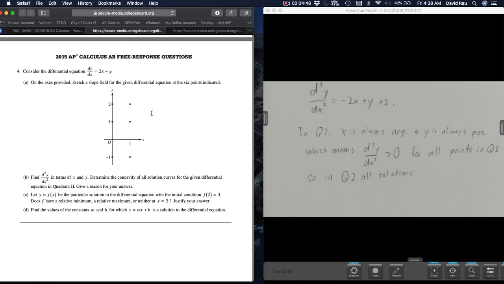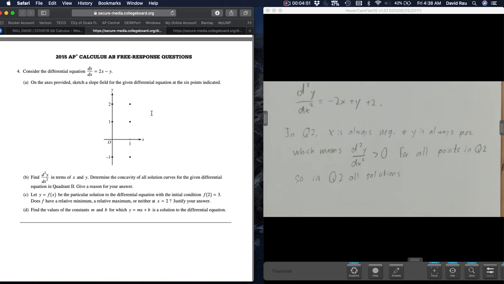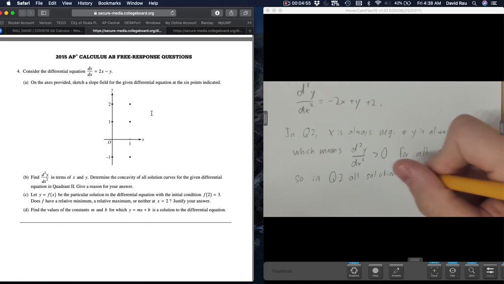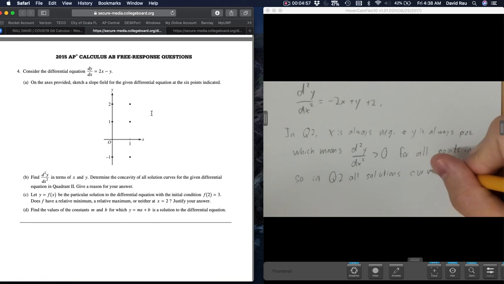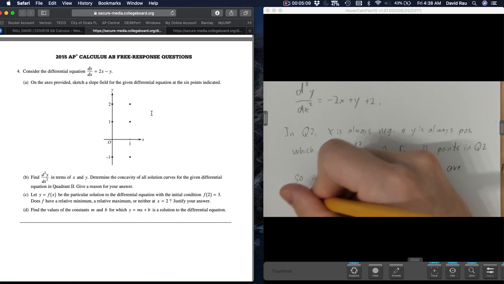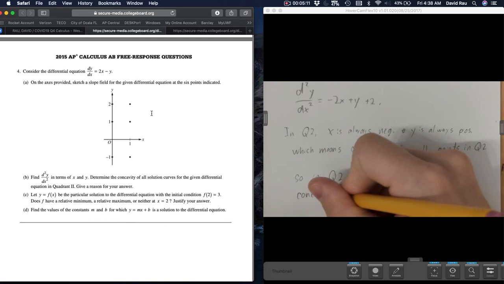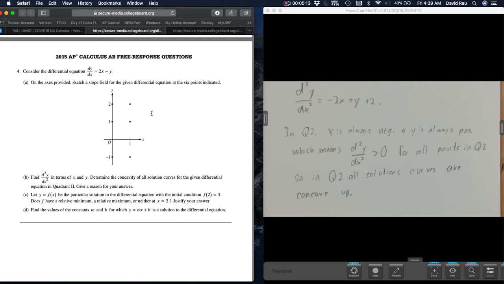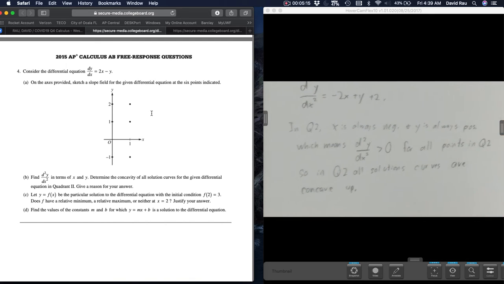If you ever don't know what words to use in the problem, literally use the words in the problem. So if you kind of see what I did there. Concave up. Okay, and we'll just keep going.